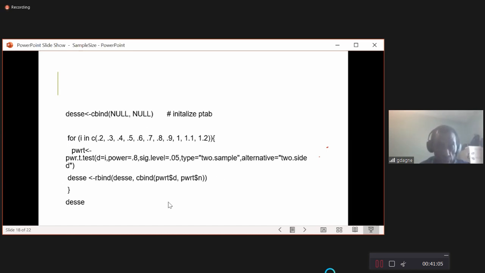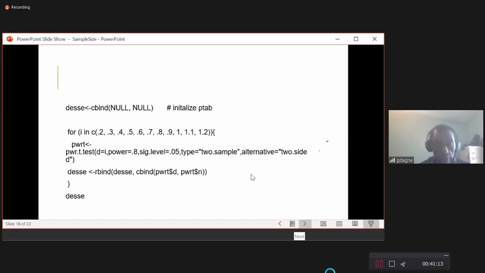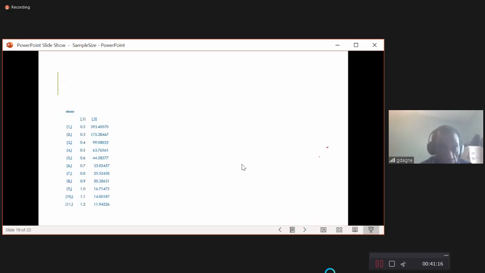Put these things together, highlight the whole thing and run it, or cut and paste in your R program, and you can see what I'm talking about. Here are the results that you get. The first column, the one with my arrow here, those are the effect sizes, 0.2 going to 0.3 up to 1.2.